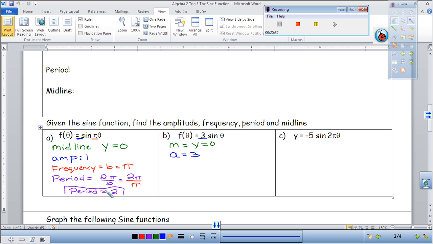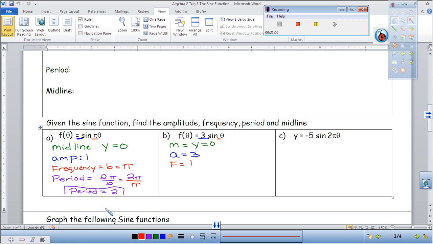Kelsey, what did you get for the frequency? Is there a number in front of theta? No. So what number is there if there's not one written in? 1.